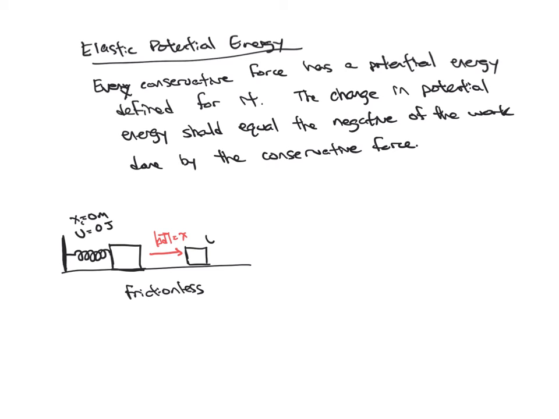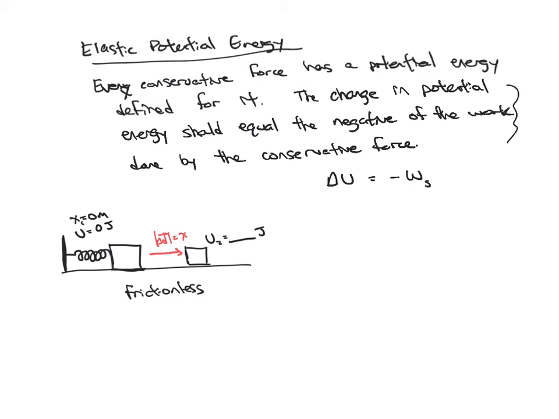So the spring is going to be stretched now. And now that the spring is stretched, it's going to have some joules. How many joules should it have? Well, we're going to follow this rule here. The change in potential energy should equal the negative of the work done by the spring force, S for spring force. So why is it negative? So here's the thing.